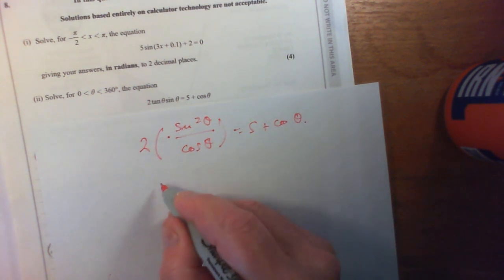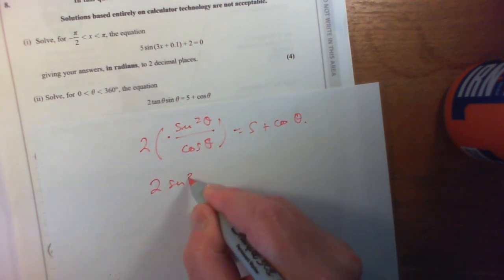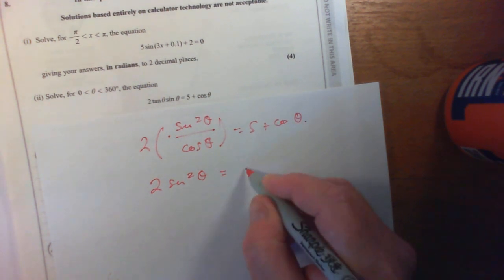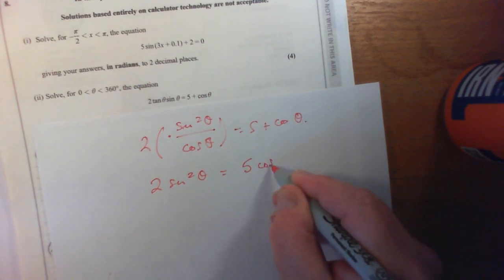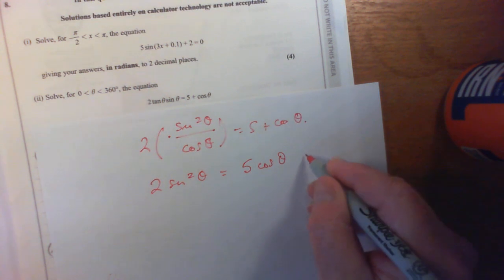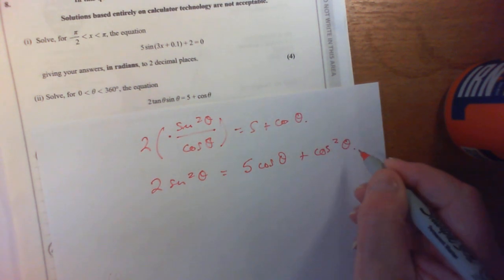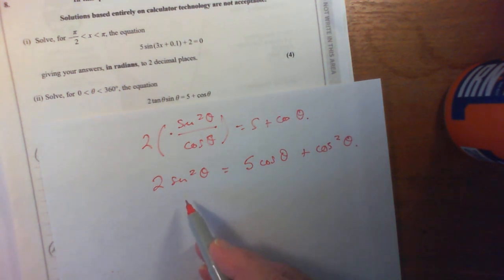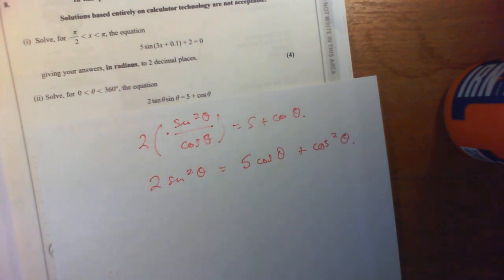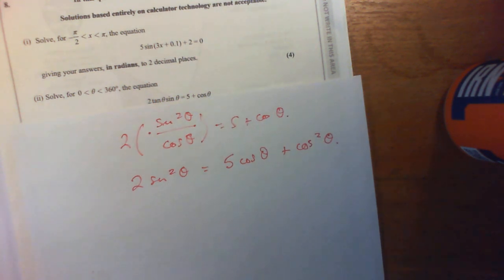Always try and get rid of the denominator, so you've got 2 sine squared theta equals 5 cos theta plus cos squared theta. And there you are. You know how to get rid of that. That's 1 minus cos squared theta, and you end up with an equation purely in terms of cosines.